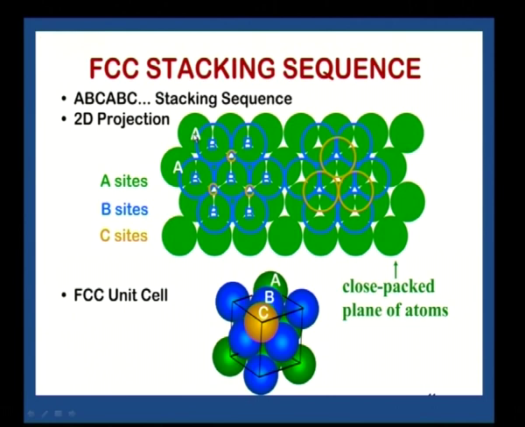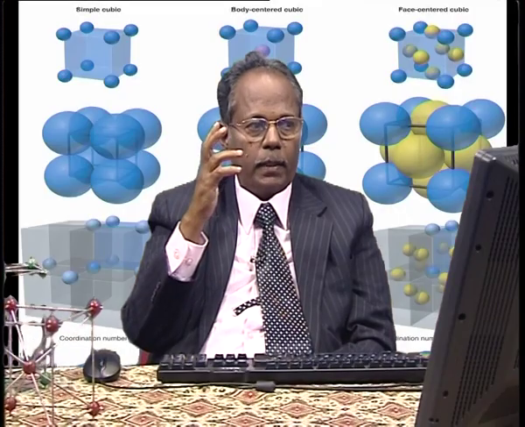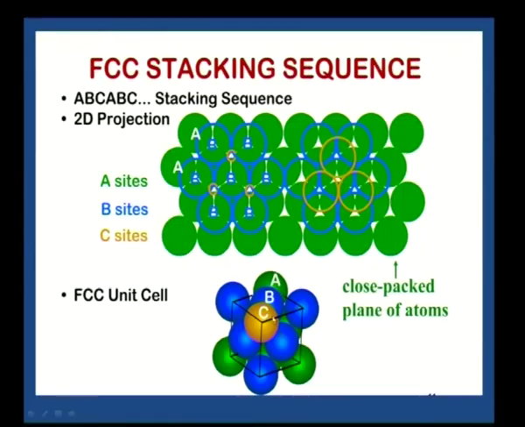Then again you repeat A, B, C, again A, B, C. If this kind of arrangement is done, then what you obtain is atoms at the corners and atoms at the face centers, at the center of this face, center of this face, and so on.